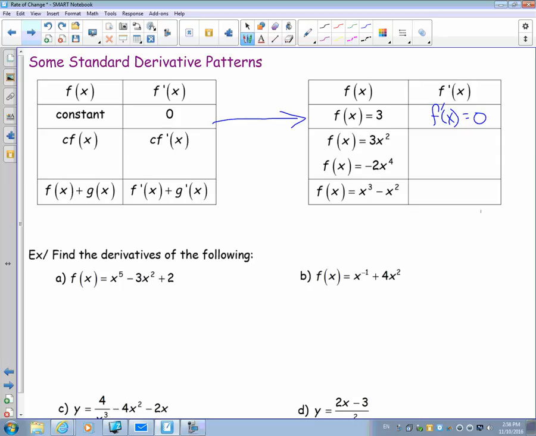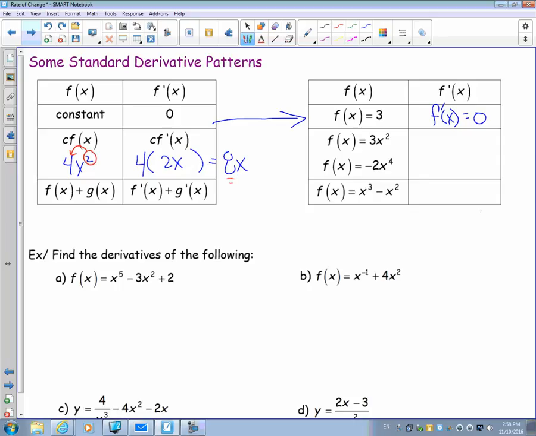If I have a constant in front of a function, for example, 4x squared, well, the derivative is the constant 4 times the derivative. Now, we could do it that way, or it might make more sense, because if I had to simplify this, that comes out to 8x, right? It might make more sense to take your exponent and multiply by the constant in front. That gets you the 8 in a single step.